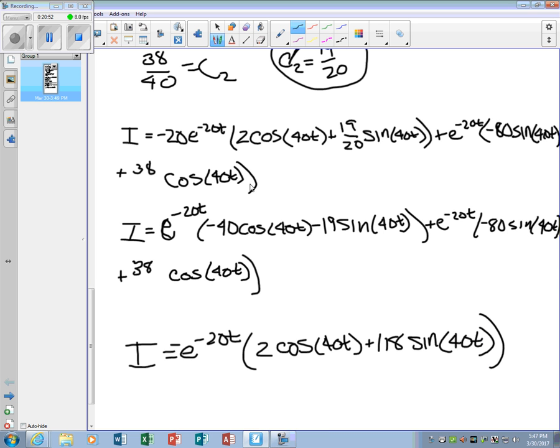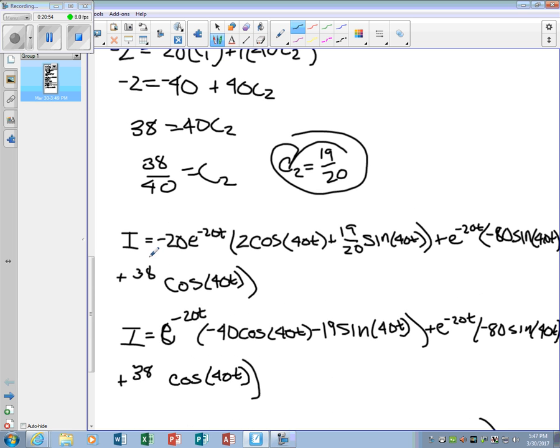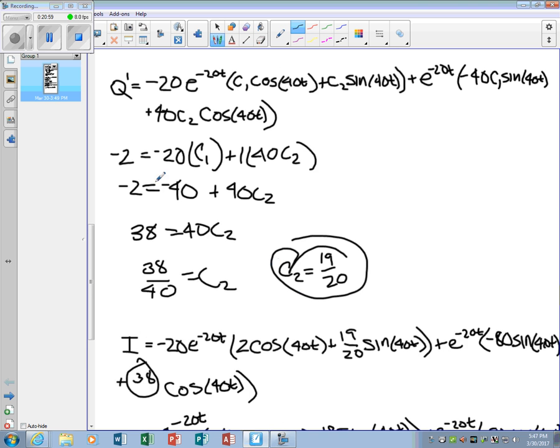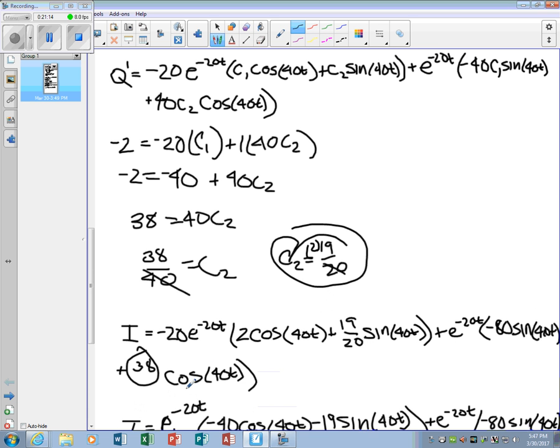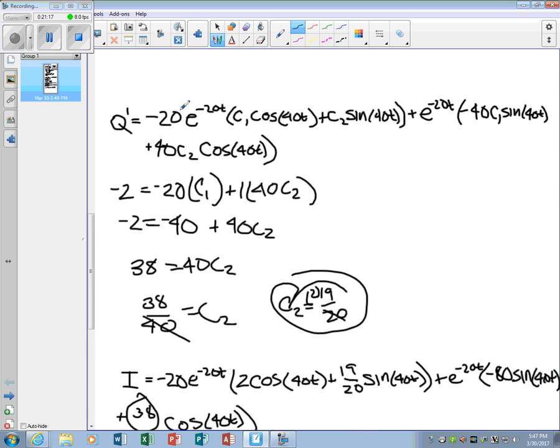Where I messed up over here with this 38 is I forgot that I was multiplying it by 40 over here, which basically takes this term right out, and then I would just multiply this by 2 to get our 38 right here. So as you're plugging the values from our initial conditions in and you find C1 and C2, remember, C2 is going to be 38 over 40.